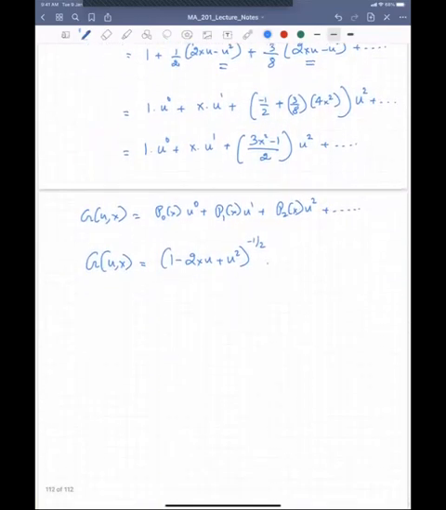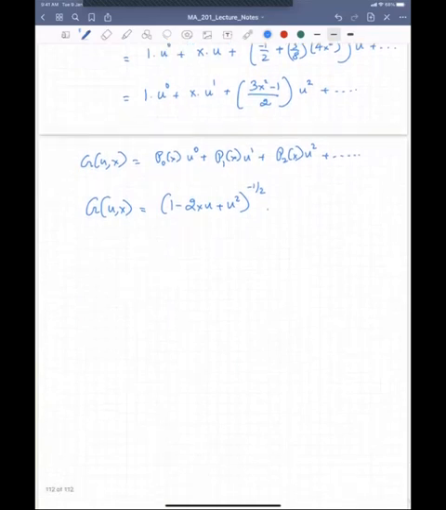Now, you can easily show using this particular form of G that this particular differential equation is satisfied by G. (1 minus x squared) G is a function of two variables, u and x.